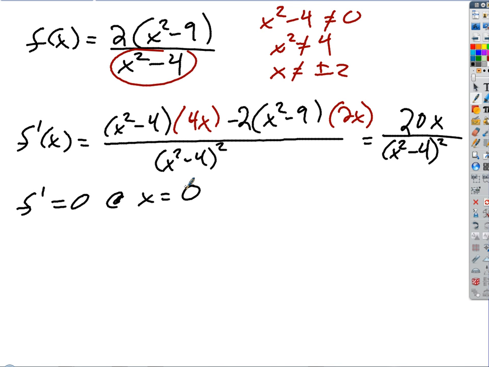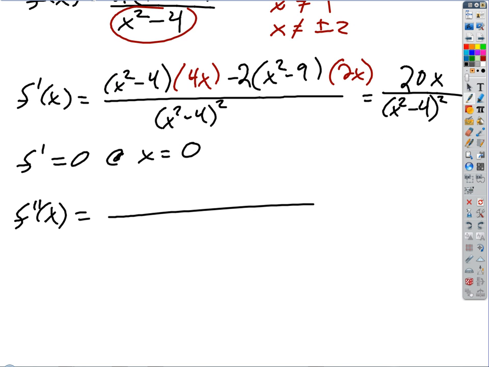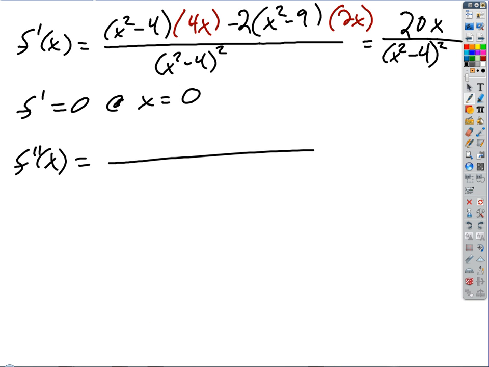Okay, now what? Second derivative. Good, second derivative. That's dirty, so we'll probably want to use the simplified one right here. It's a big complex. What is f double prime of x? Got a quotient again. So what do we get?